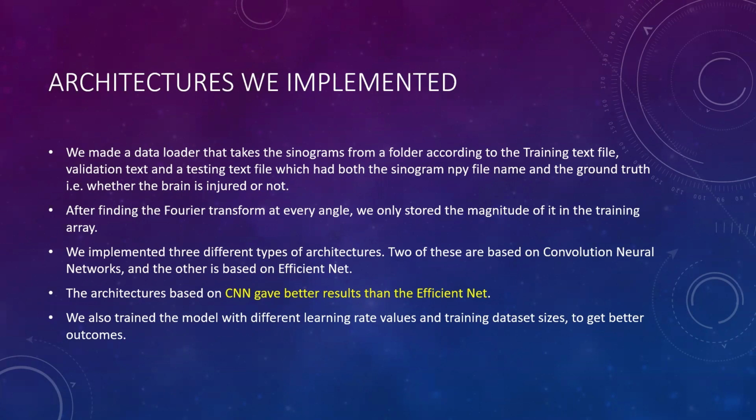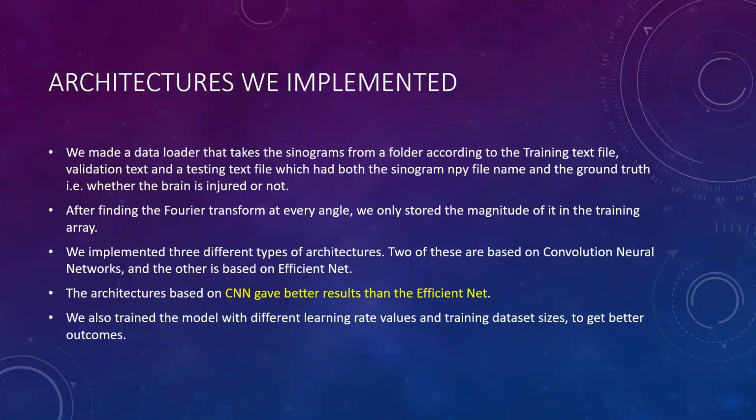So we couldn't use a normal data loader which PyTorch gave, so we had to code it ourselves. We also implemented 3 different types of networks, 2 based on convolutional neural networks, and the other one based on EfficientNet.